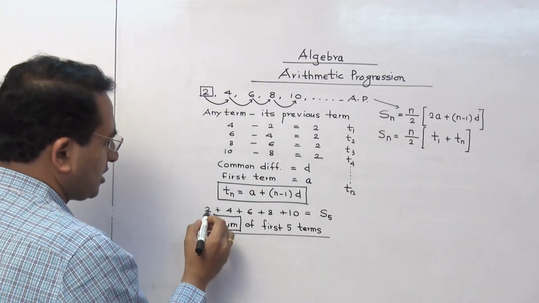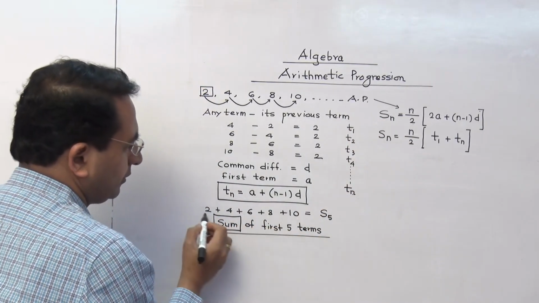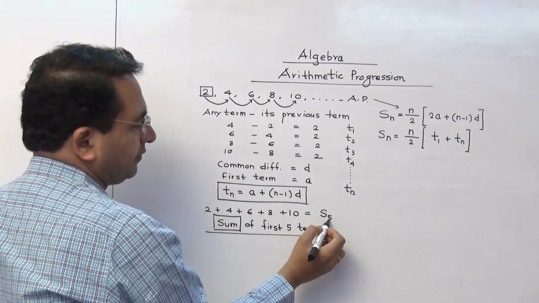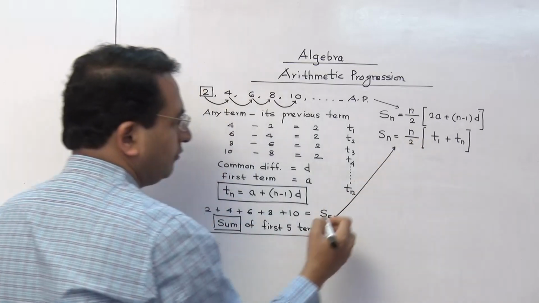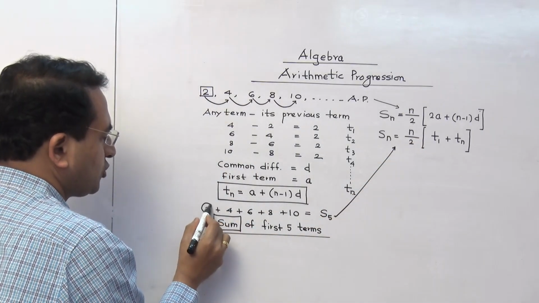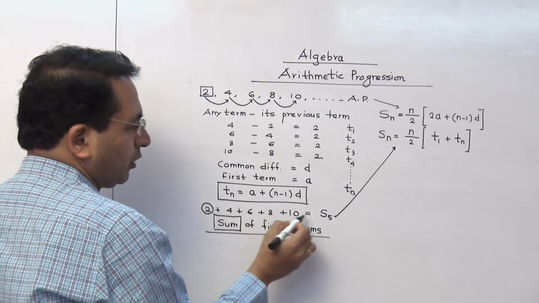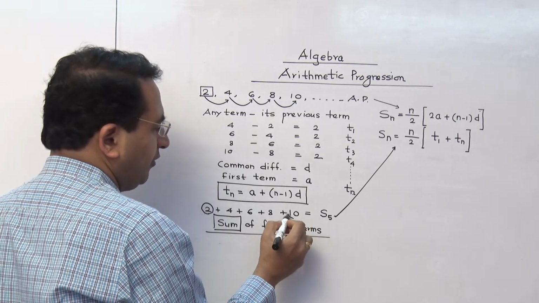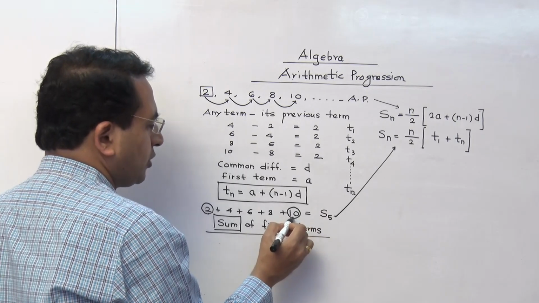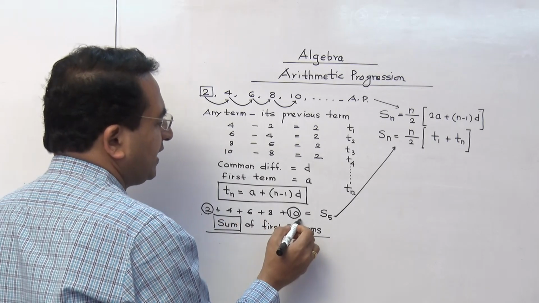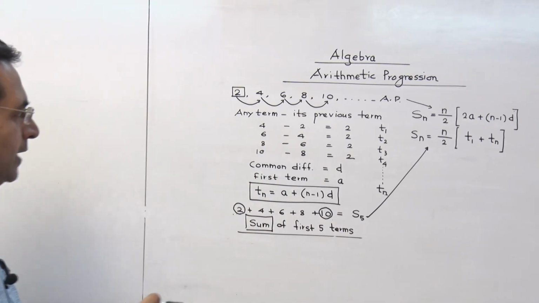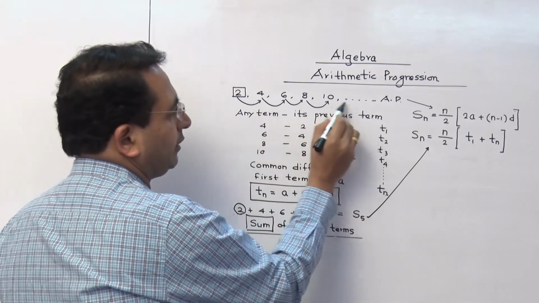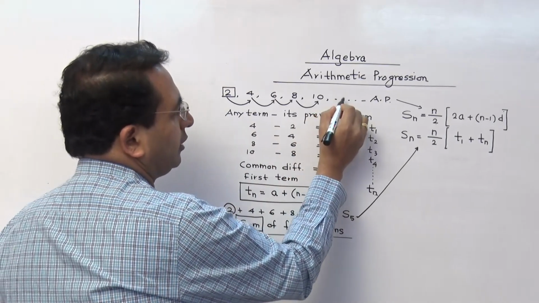But suppose I am asking you S5, then we can use this formula because we know T1, that is 2, we know the number of terms, that is 5, and we know the last term in that sequence, because this is what we call finite, because there is an end to it. This one is called infinite because we put dots here.